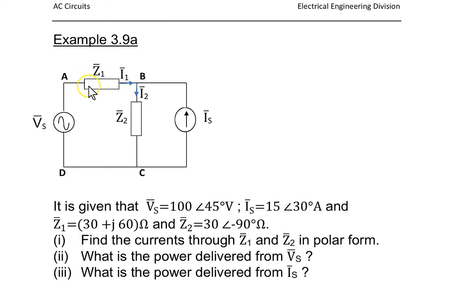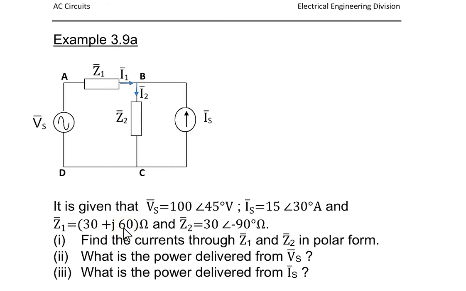Impedance Z1 is 30 plus J60 ohms, and impedance Z2 is 30 at an angle of minus 90 degrees ohm. Now if you could recall, minus 90 means this is a pure capacitor, and Z1 is 30 plus 60, so it's a combination of a resistor and an inductor.